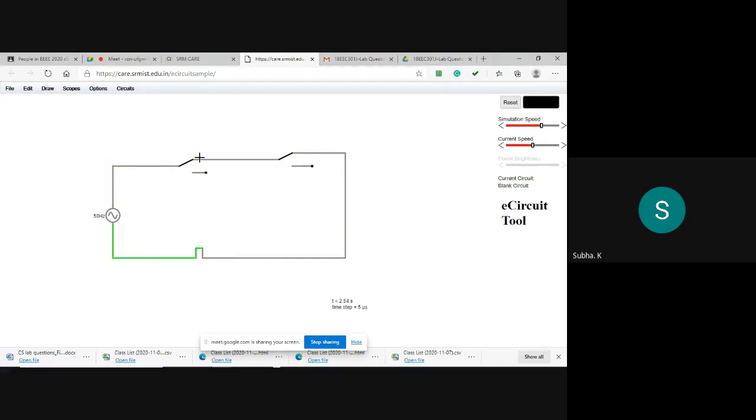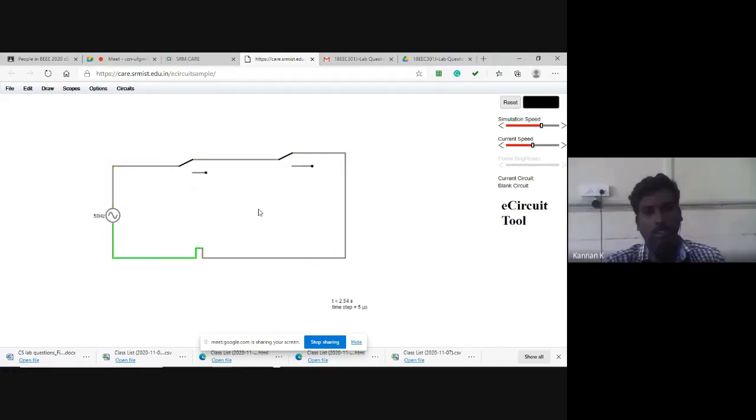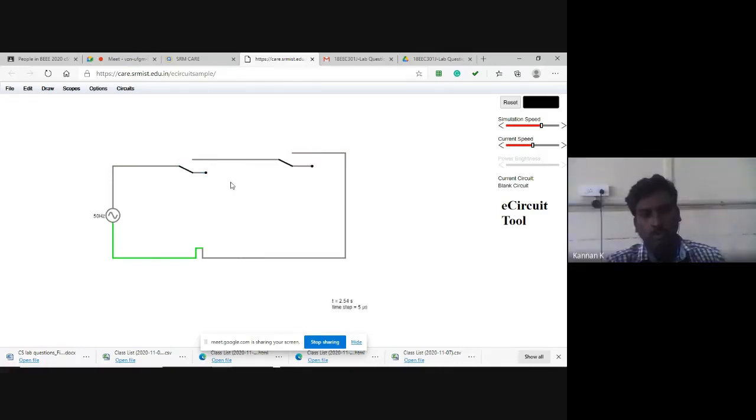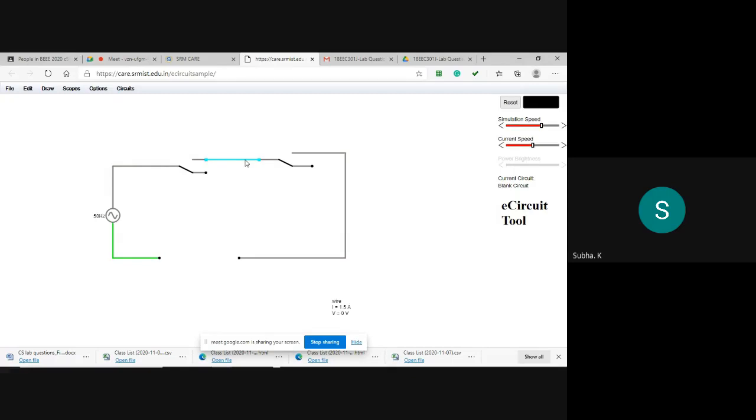Off. Okay. So I am switching off. Okay. Alright. I'm switching off and using wire I'm connecting. So lamp is off.